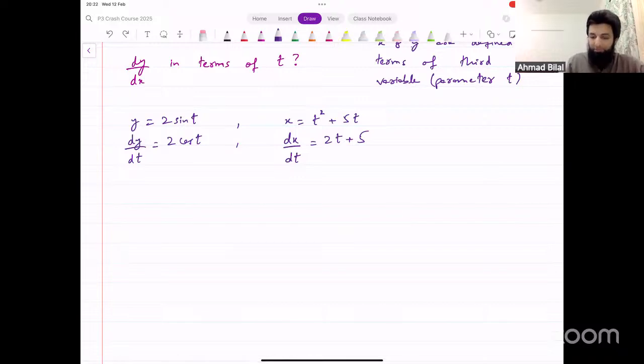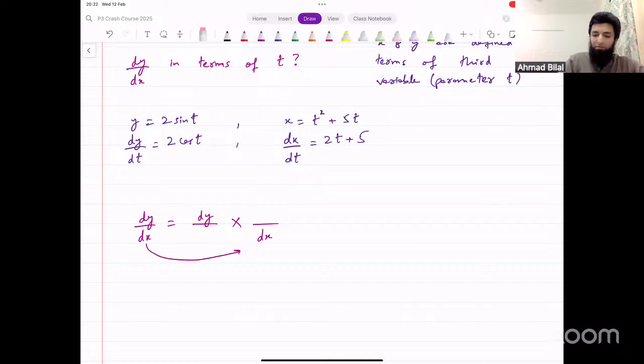You would say dy over dx is equal to the product of two fractions. And what are those two fractions? We write it like this. This numerator is going to be the numerator of the first fraction. This denominator is going to be the denominator of the second fraction.